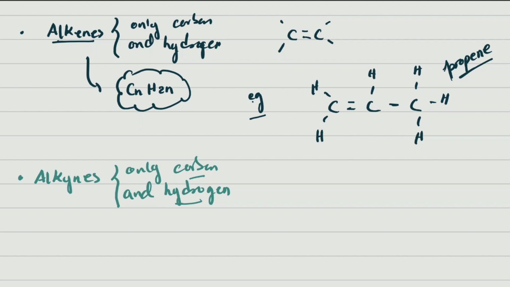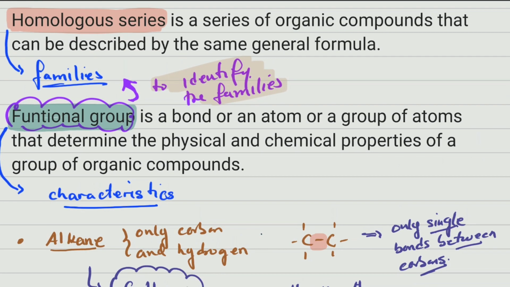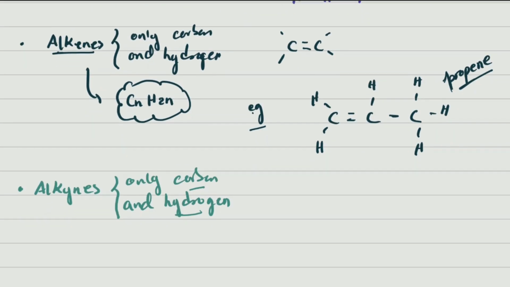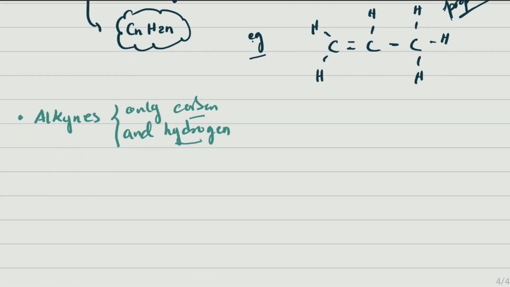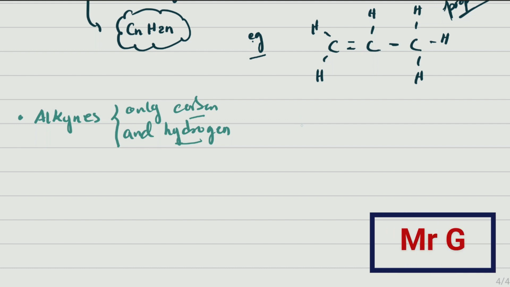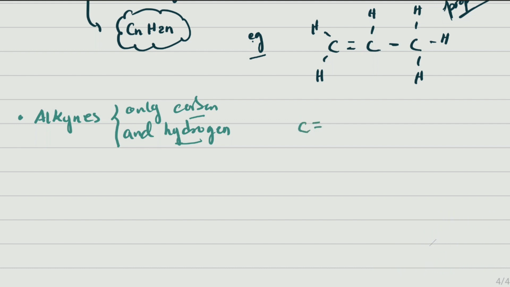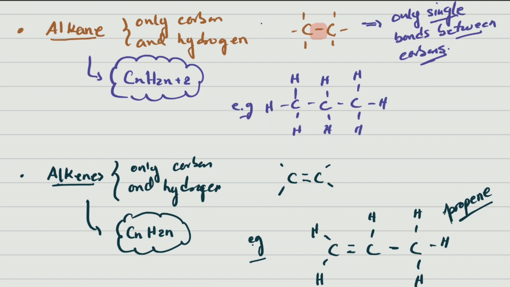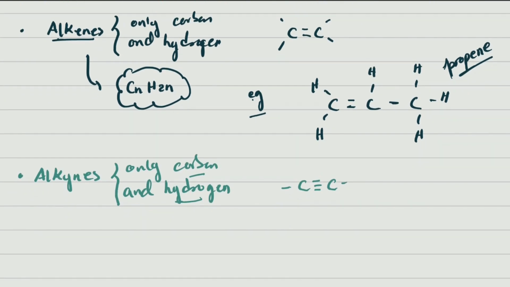It is another hydrocarbon that we already learned previously. And the functional group, or how we identify an alkyne, is a triple bond between carbons. So it will have at least one triple bond between carbons, and only carbon and hydrogens.